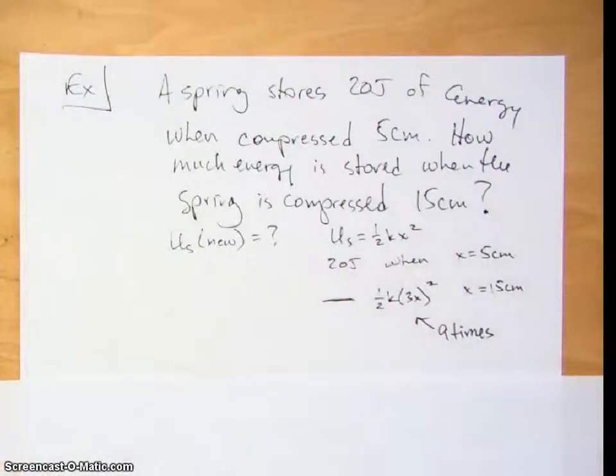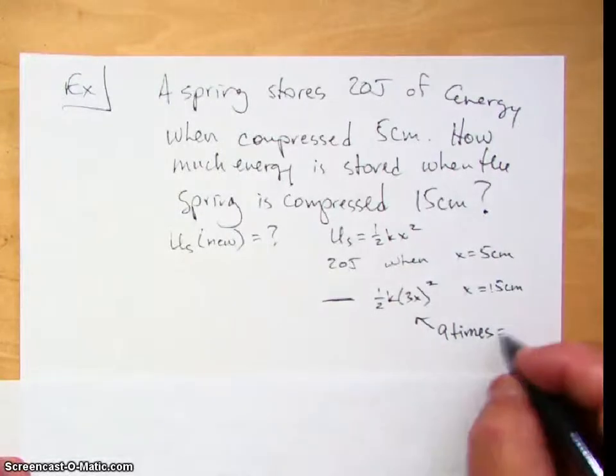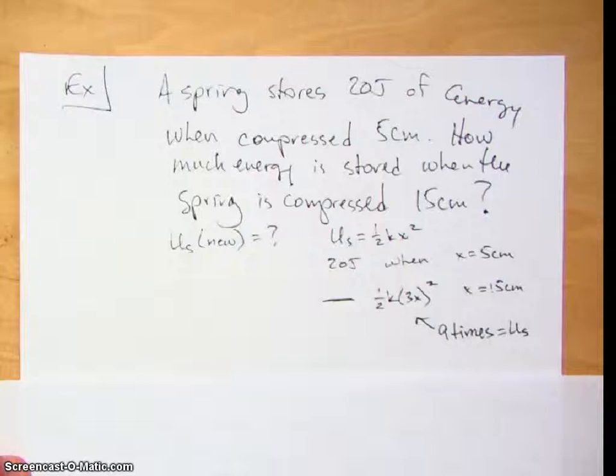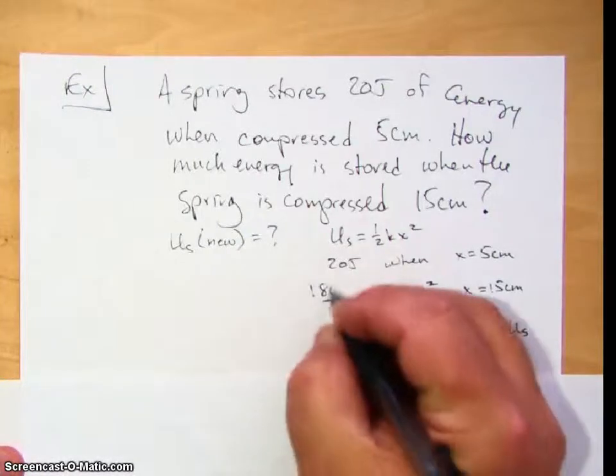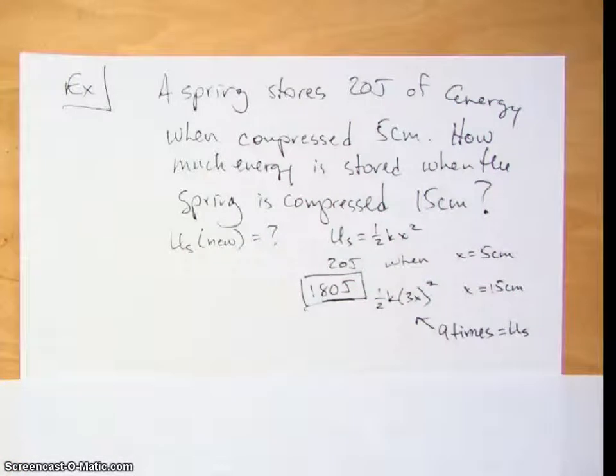I got carried away there for a second, math-wise, English-wise. So therefore, since U of the spring went up by a factor of 9 times, this is 180 joules. It's 9 times more than it was before. You've tripled the x, and since it depends upon x squared, it's gone up by a factor of 9. Okay, let's take a look at another one.